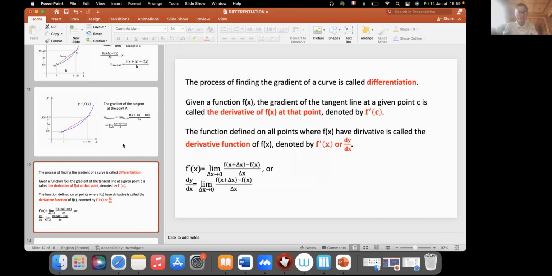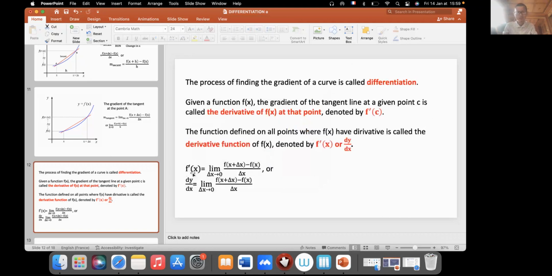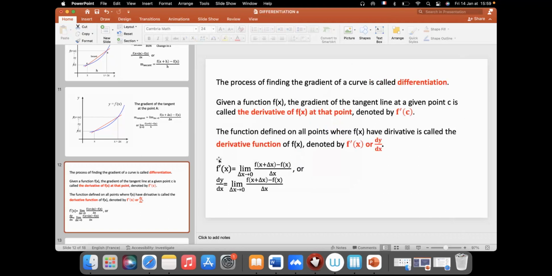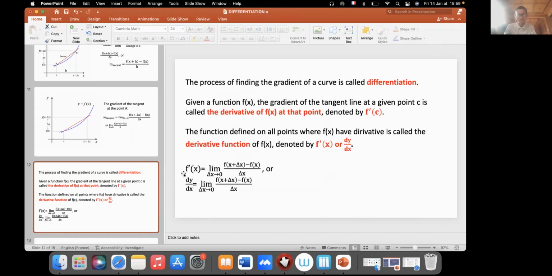So we can change this notation into f prime of x, and the expression comes like this. Or depending on your preference, dy over dx becomes like this, right?